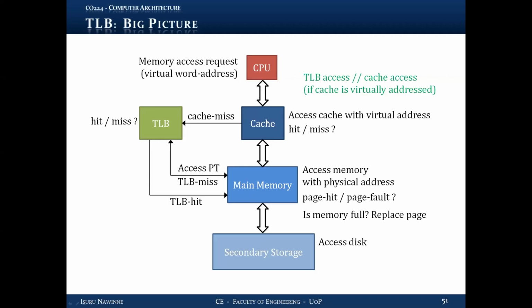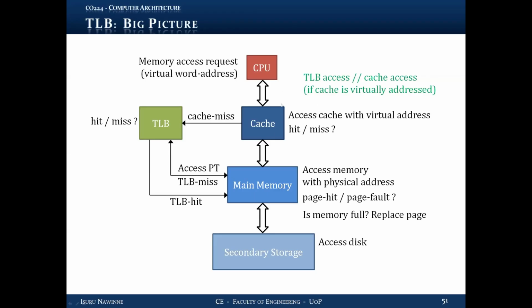If we have a cache hit, fine, we can disregard the TLB status. Or else, if we have a cache miss, then we need to access the TLB. We have already accessed the TLB in parallel, and we have decided whether we have a hit or miss in the TLB. So we can overlap the two latencies for TLB access and cache access, right?